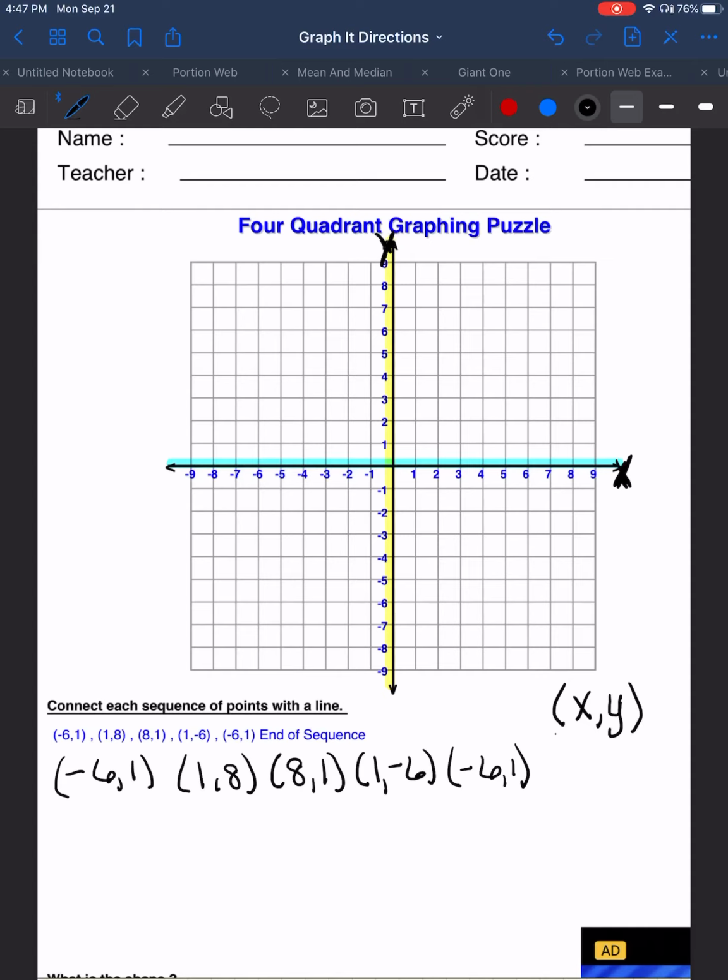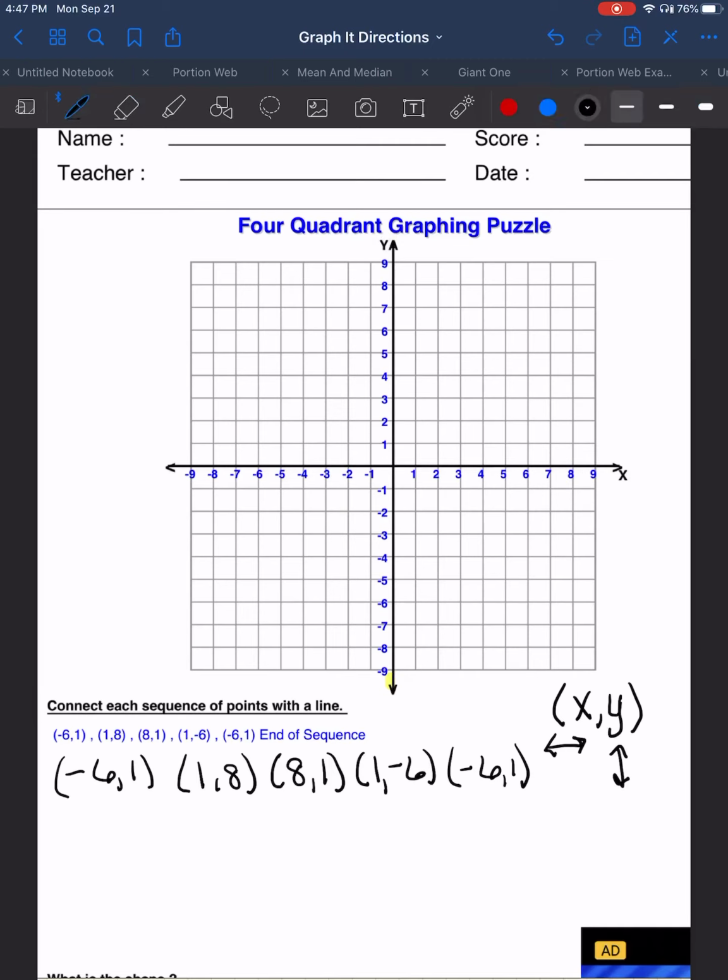And the x, again, like I highlighted there, is left to right, and the y is the up or down. And if you look at the number line, you can see that the x is positive to the right, negative to the left. The y is positive up and negative down. Okay, just important things to know to navigate around the coordinate grid.